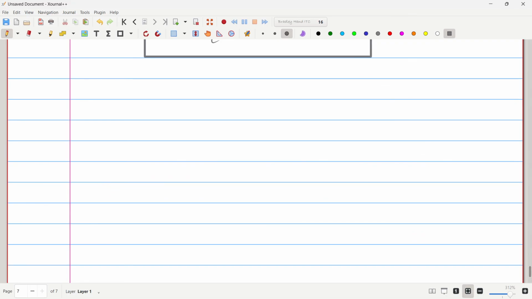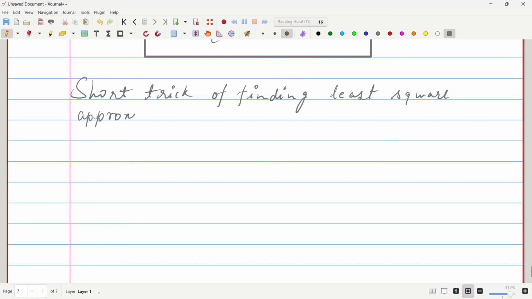Okay. So there is a short trick for finding the least square approximation. You have to keep one thing in mind.